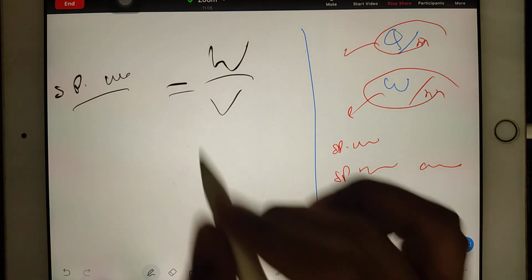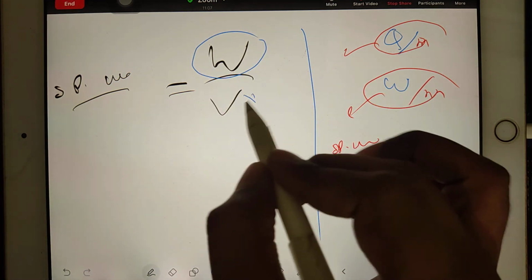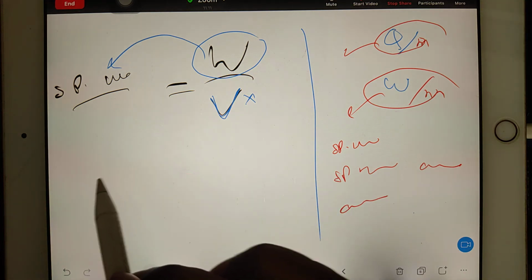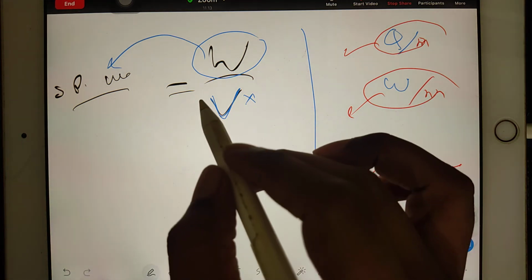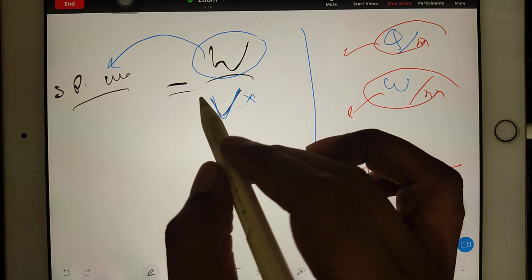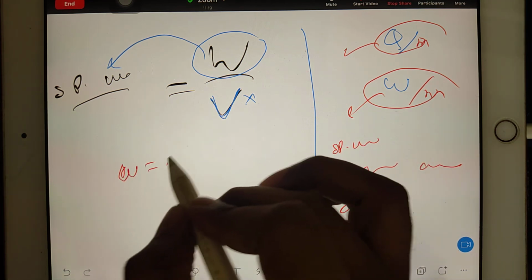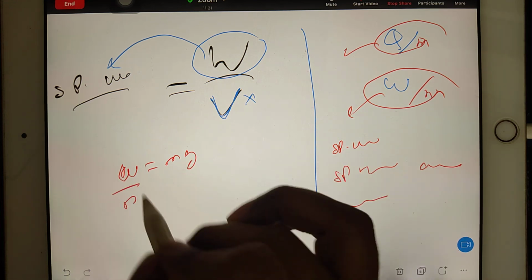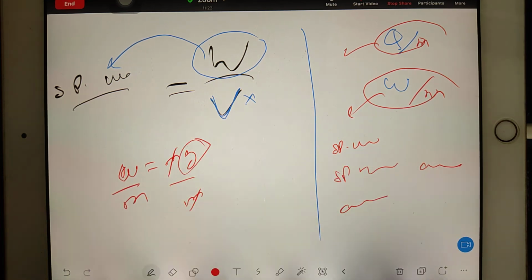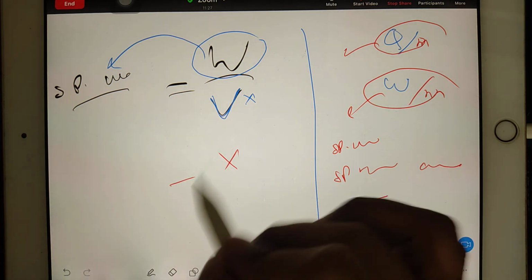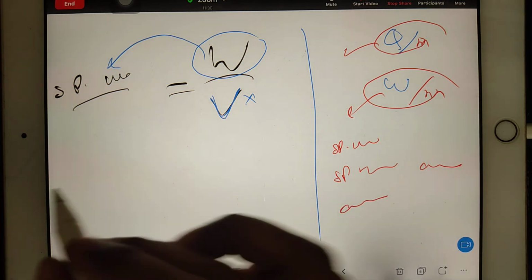But here when I am dividing weight not by mass but by volume, weight becomes specific weight. So don't be confused. Because weight is equal to mg, if you divide this by mass, mass will get cancelled and gravity will remain. That's why we don't divide weight by mass, we divide weight by volume. I hope it's going well. Let's go ahead.